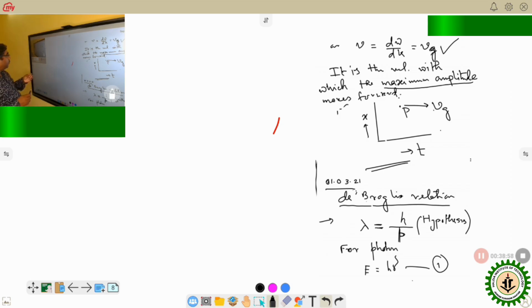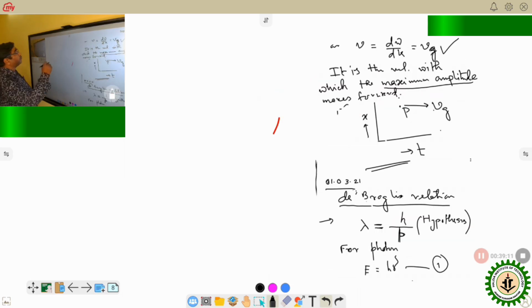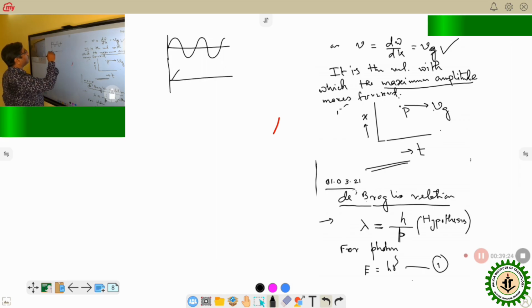And during that superposition, we can also observe another thing. Let us analyze those things based on the concept of superposition of waves. Here I have considered two waves, one having this frequency or wavelength, and another wave I have chosen with a slightly different wavelength and frequency.